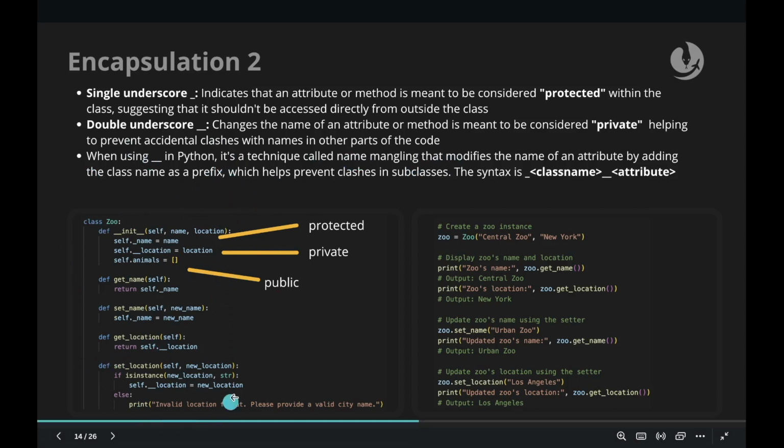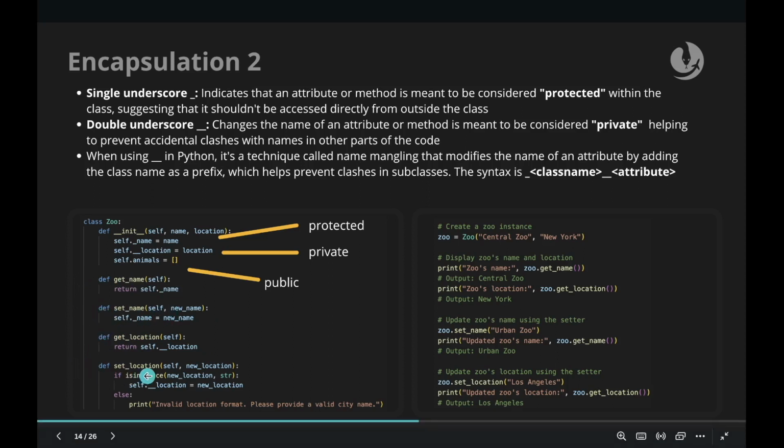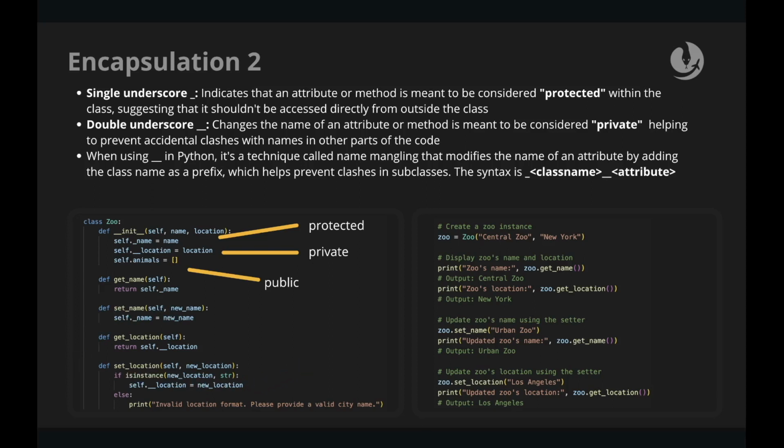This time it's a little bit different. If we take a closer look, we can notice we have getters, so get_name and get_location, as well as setters, set_name and set_location. As mentioned before, with encapsulation, we want to improve our code structure and prevent accidental errors or unauthorized changes from happening.